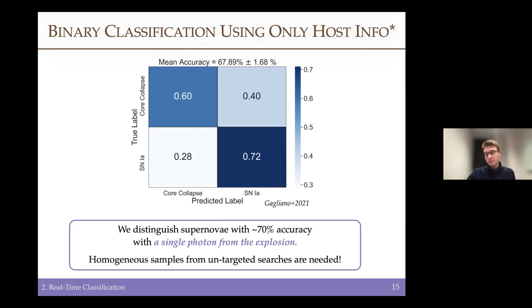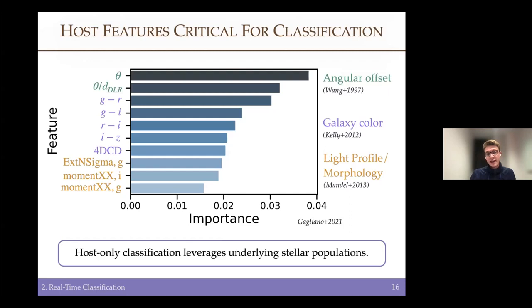But for this sample, we constructed a feature importance plot. You can see that the top features from the model can, to first order, be grouped into three distinct categories.